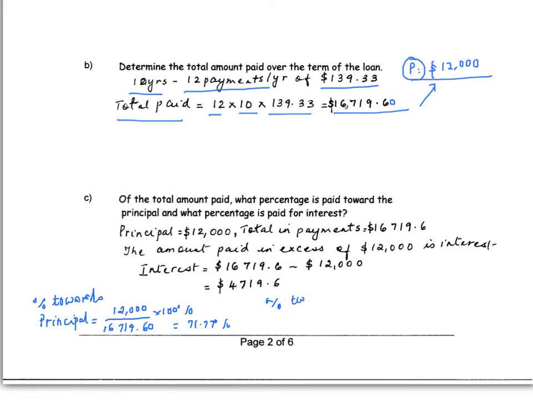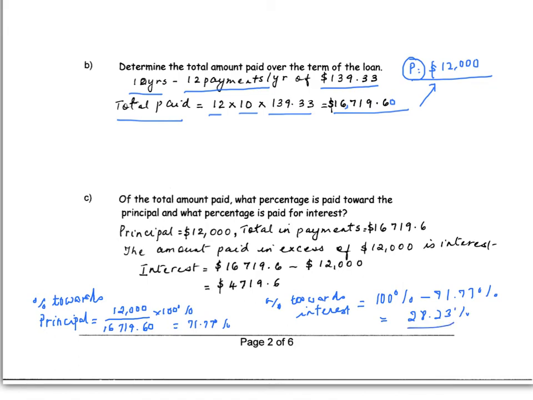So the percent that goes towards interest is equal to 100% minus 71.77%, which is equal to 28.23%.